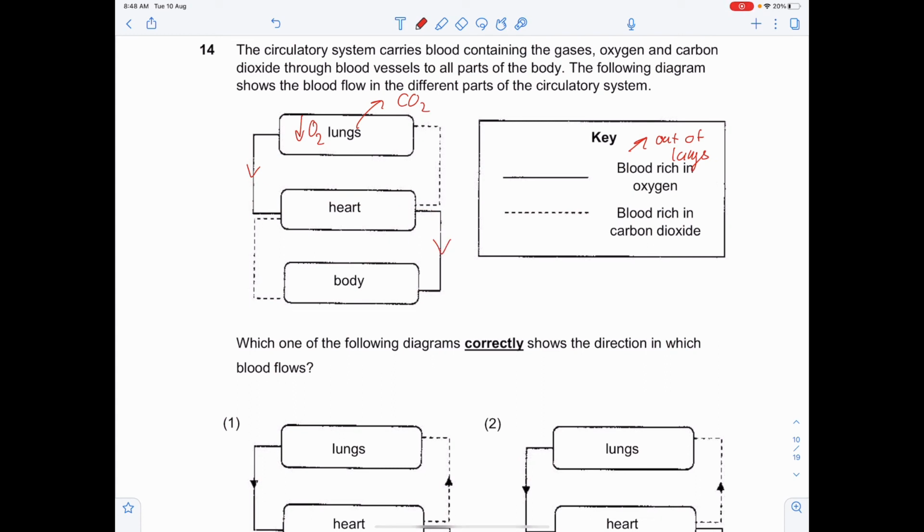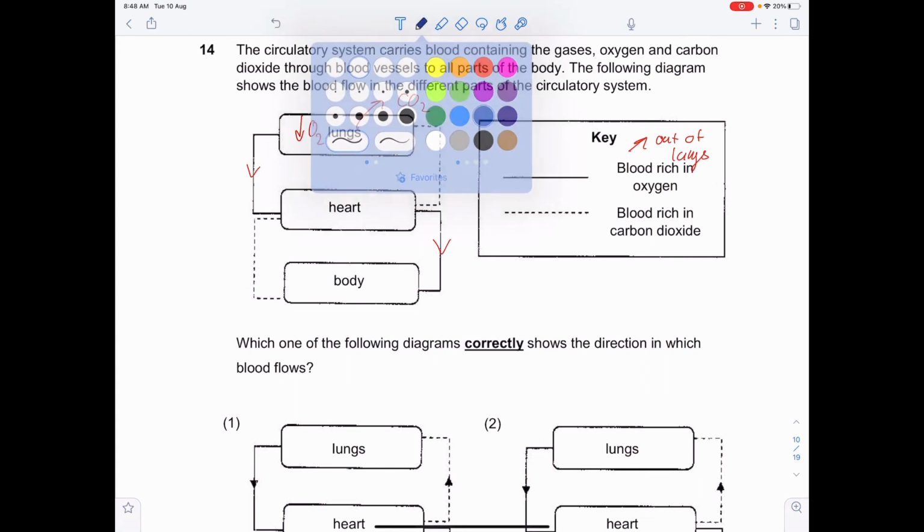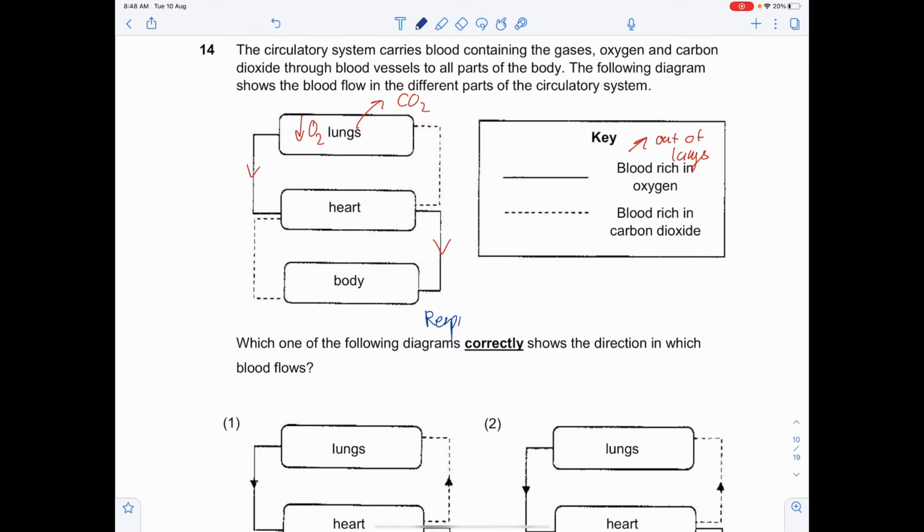Now, the reason why that is the case is because your body needs to carry out respiration. And if you remember correctly, in respiration, you need oxygen. So therefore, the blood that is entering the body from the heart needs to be rich in oxygen. Once it exits, it will be poor in oxygen but rich in carbon dioxide, because your body parts will have already carried out respiration, whereby carbon dioxide is given out.